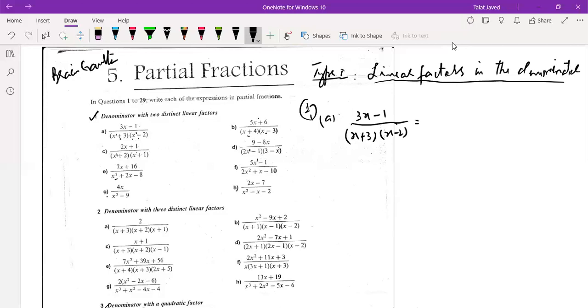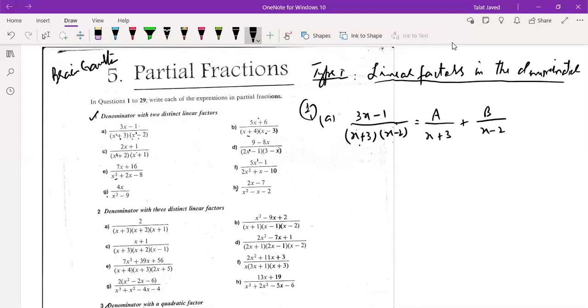Now we have to make the partial fraction. There are 2 factors in the denominator. Both factors are linear, meaning the maximum power of the variable of these 2 factors is 1. So first of all, you will split these two factors like this: A over x plus 3 plus B over x minus 2. This is step number 1.